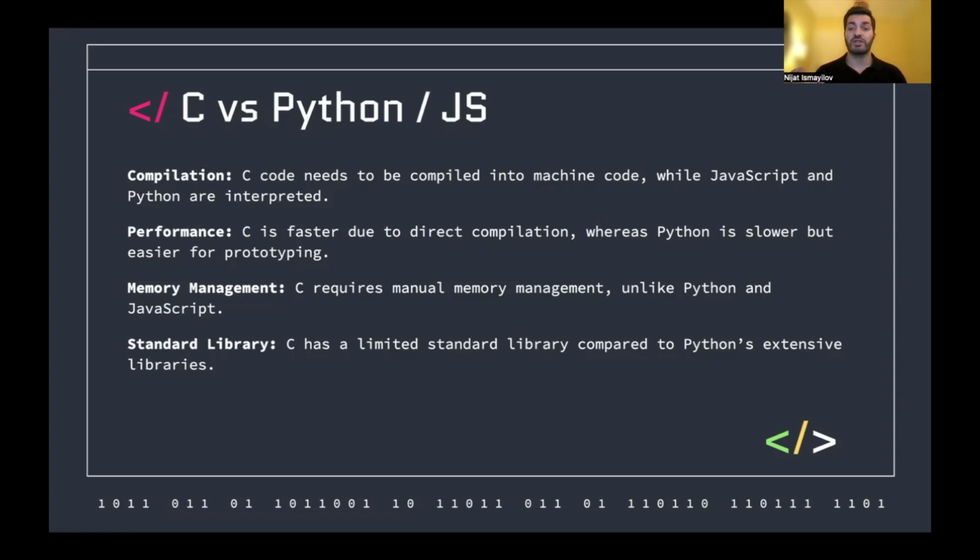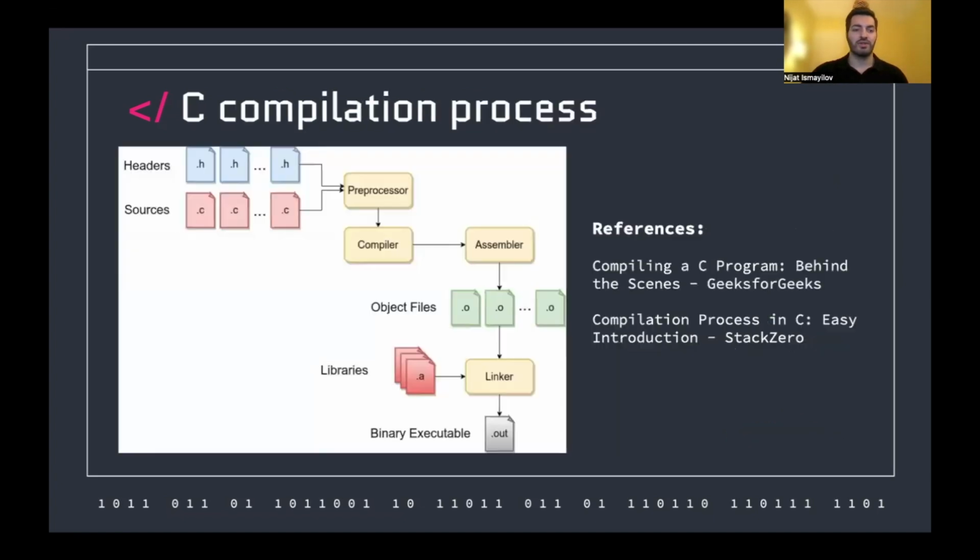Whereas Python and JavaScript are much faster to prototype and to develop something, but at the end of the day, you are using a lot of already existing components from previous programmers. So they both have their advantages. We are focusing on C in this session.